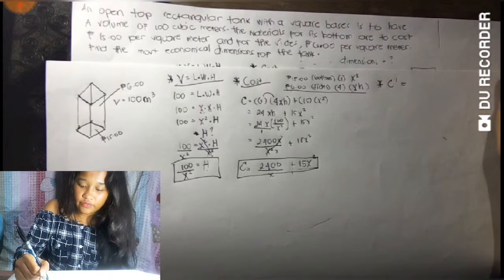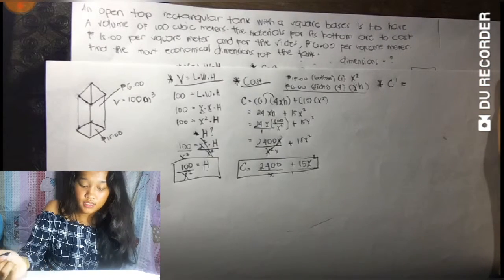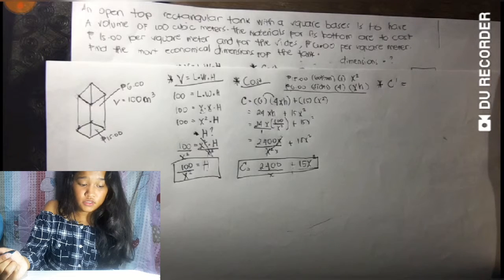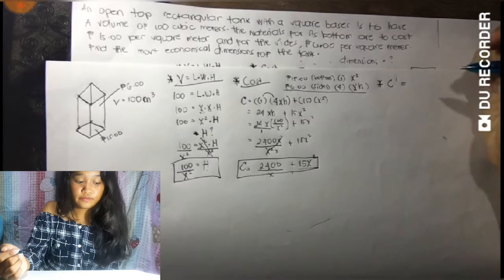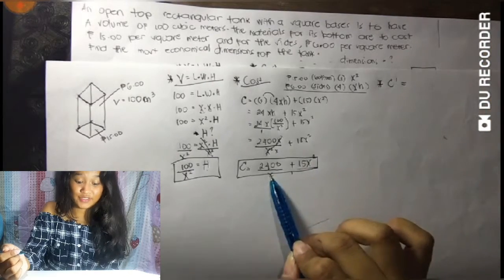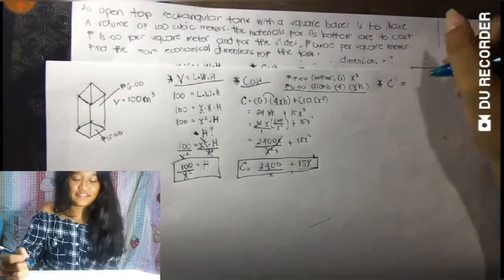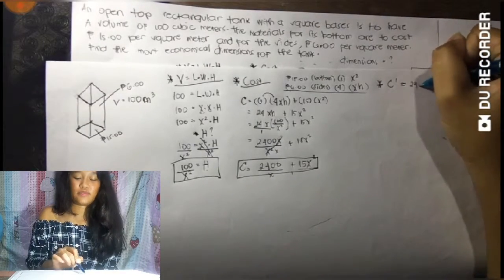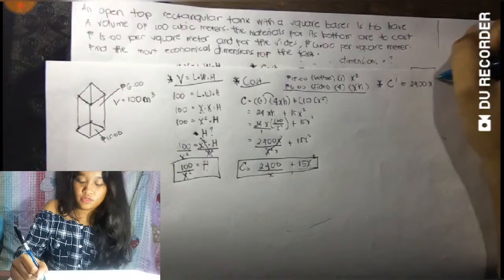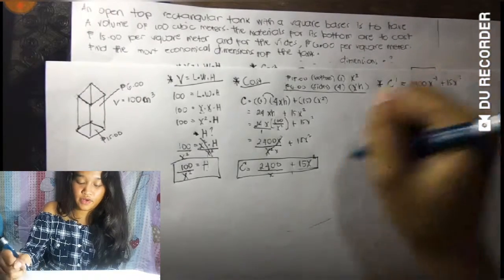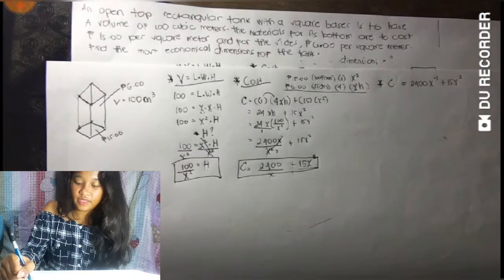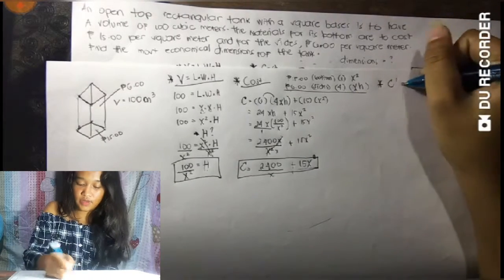Okay. C derivative is equal to... In optimization, and for this word problem, it is not applicable to use the quotient or the product rule. That's what Miss Liana has told us. So we're gonna have to transfer the denominator into the numerator, which will transform this one into 2400 x to the power of negative 1 plus 15x squared.